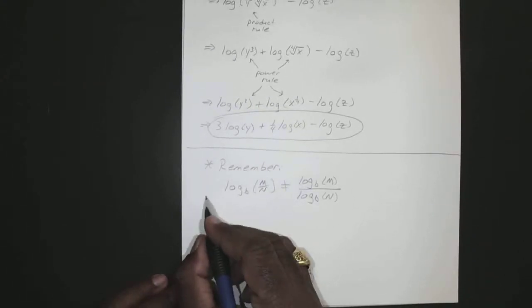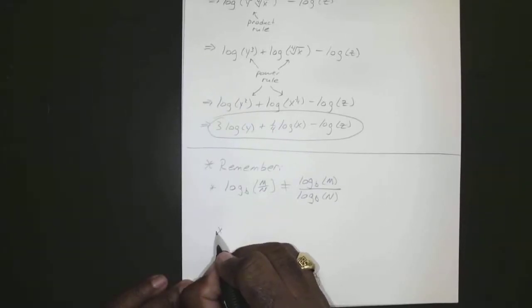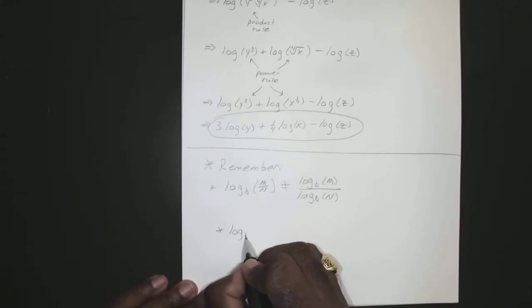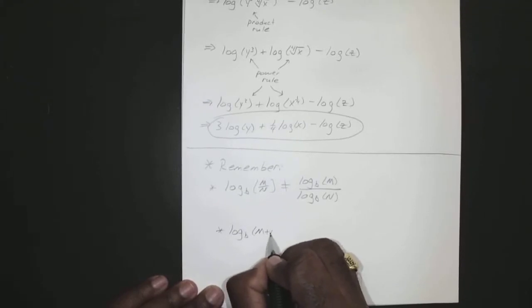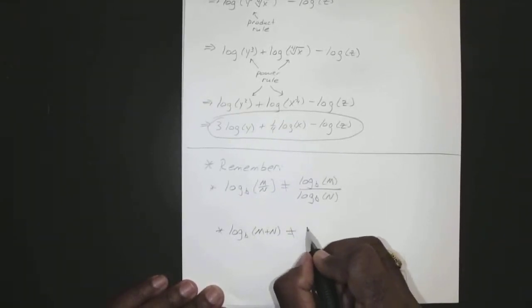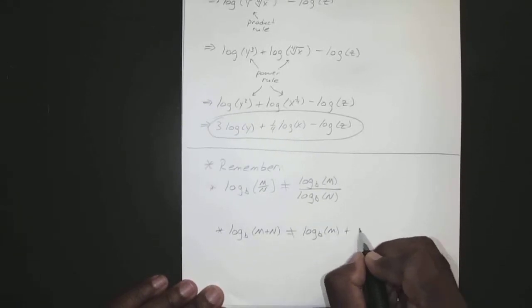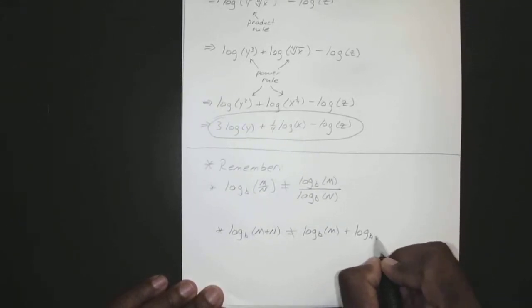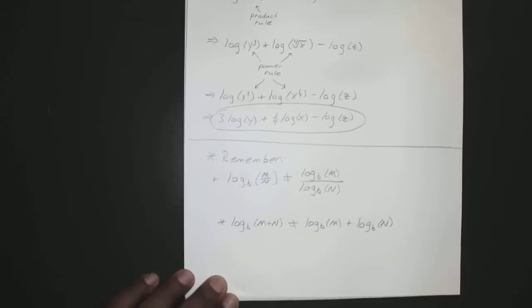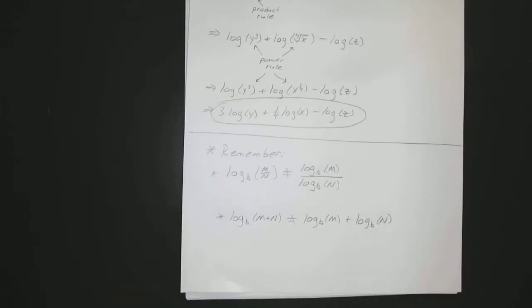Okay, and the same with if you were adding or subtracting. Log base b of m plus n does not equal log base b of m plus log base b of n. Again, it looks like it should work, it just doesn't.